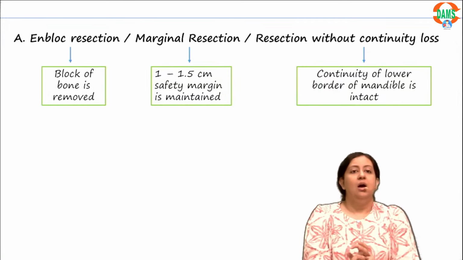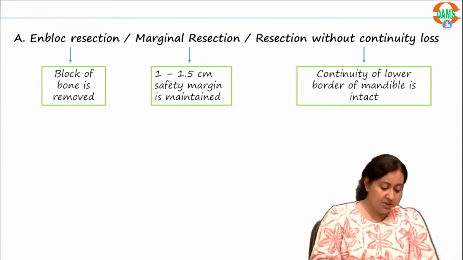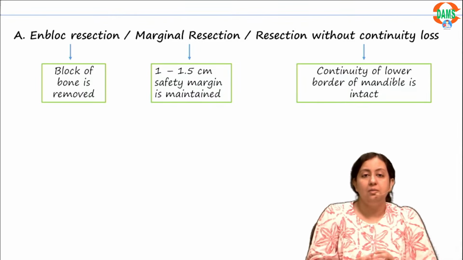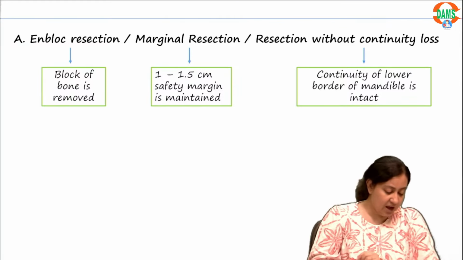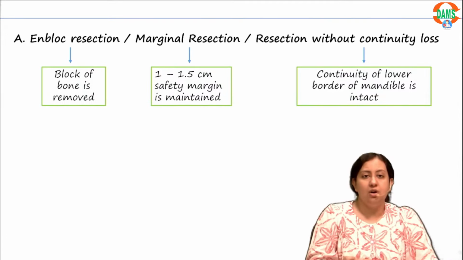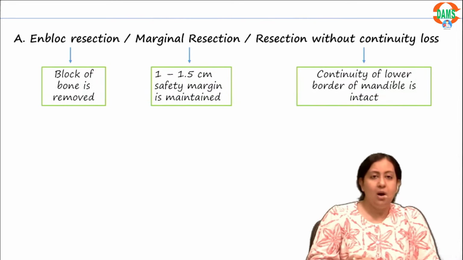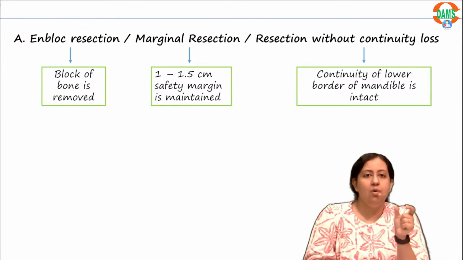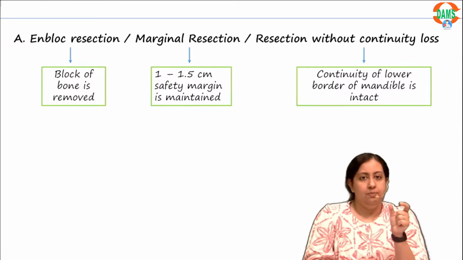Now what is the difference between these two? The first thing that we have here is en bloc resection, marginal resection, or resection without continuity loss. Why is it known as en bloc resection? Because we are removing a small block of bone.